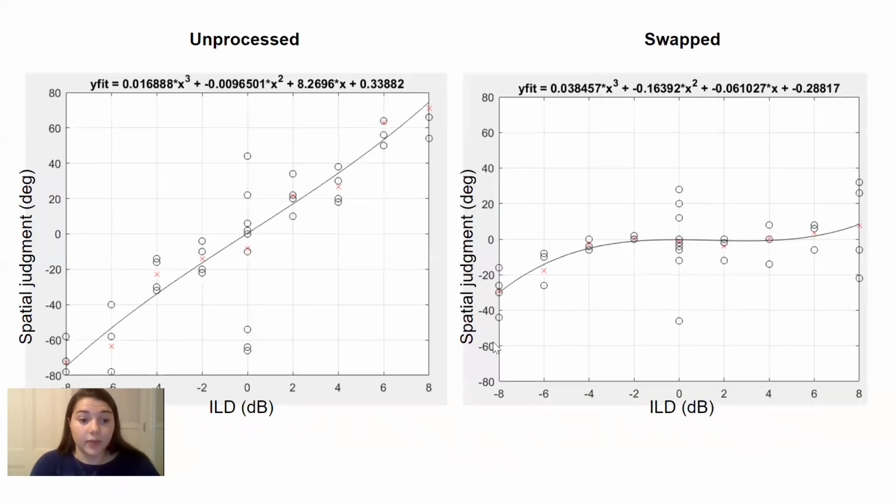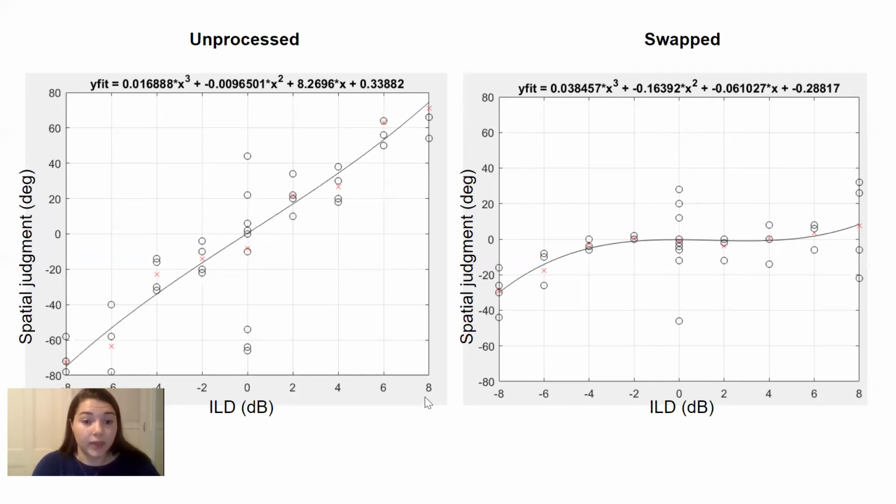So here are results from one subject in this experiment. On the x-axis, we have the ILD played, and on the y-axis, we have the spatial judgment of that ILD. So as you can see, for the unprocessed condition, the degree of separation was much greater than the processed condition. Here you can see the range is from about 80 to -80, and here the range is from about 30 to -30.